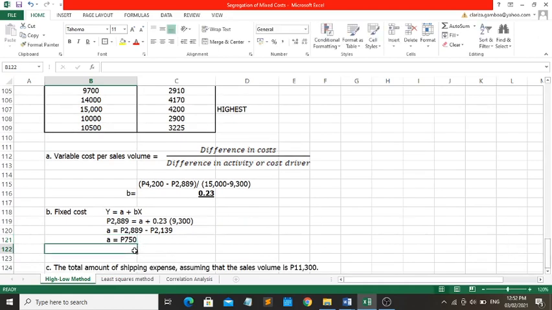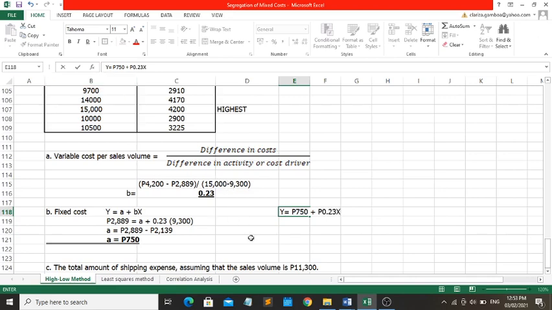And so, after nating makompute ang per unit variable cost at ang total fixed cost, we can formulate now the total or the cost function. Okay, so ang cost function natin, after nating makompute yan, y is equal to 750 plus 23 centavos times x.